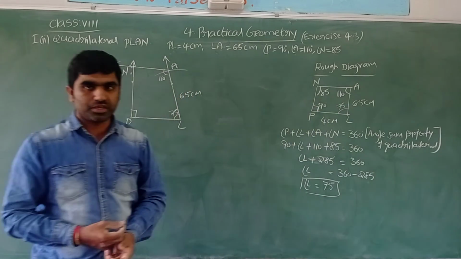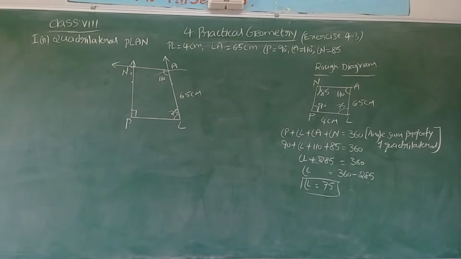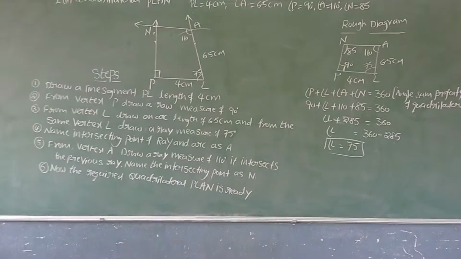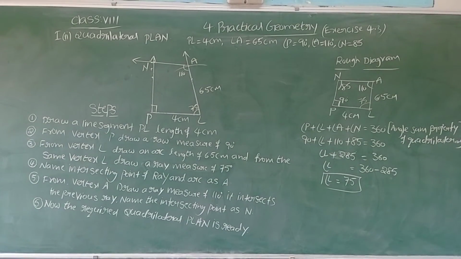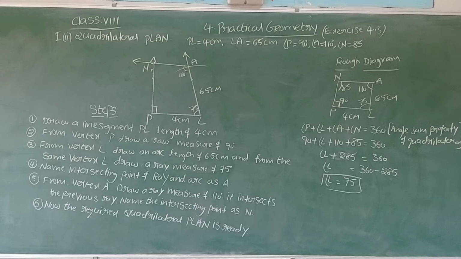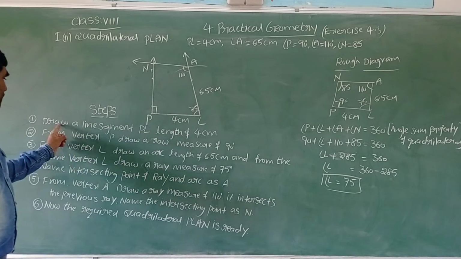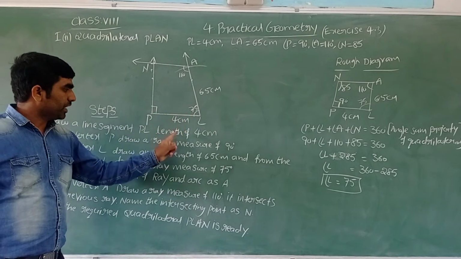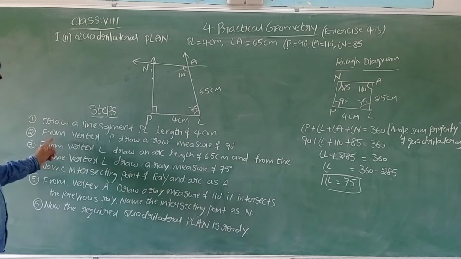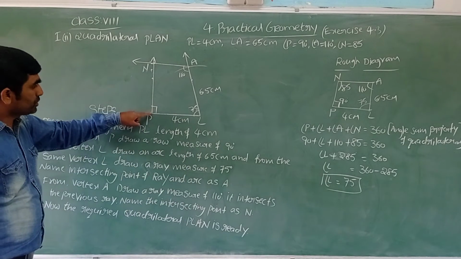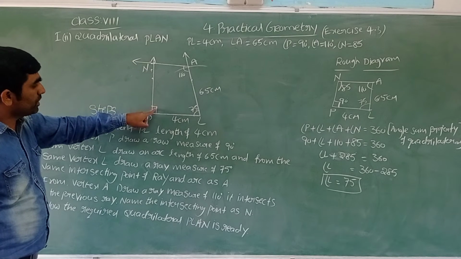Let us see the steps also. First, we took one line segment of length 4 centimeters. Draw a line segment PL of length 4 centimeters. Then from vertex P, draw a ray of measure 90 degrees, a right angle.